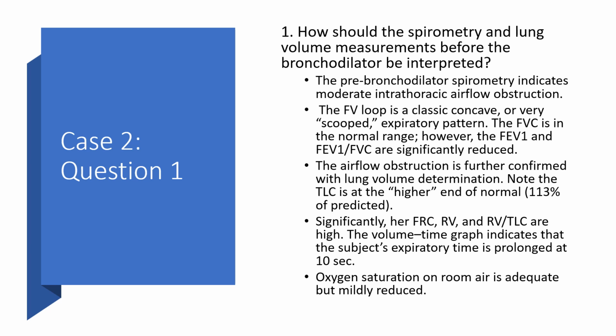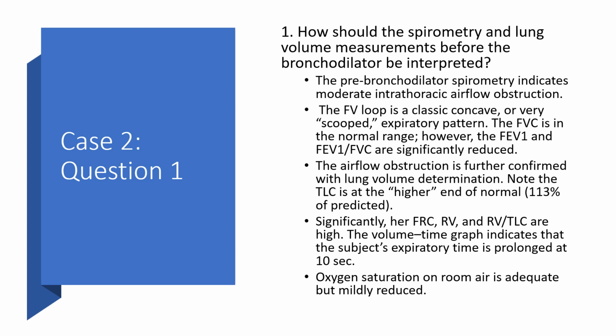The airflow obstruction is further confirmed with lung volume determination. Note, total lung capacity is at the higher end of normal, 113% predicted. Generally speaking, 80 to 120% predicted is normal, but this patient is getting closer to being higher than that 120% predicted.